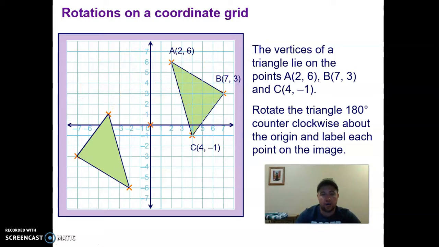And we spun 180 degrees, or 2 paper turns. It looks like it made a straight line, half of a circle. Our new points are at negative 2, negative 6, negative 7, negative 3, and negative 4, 1.